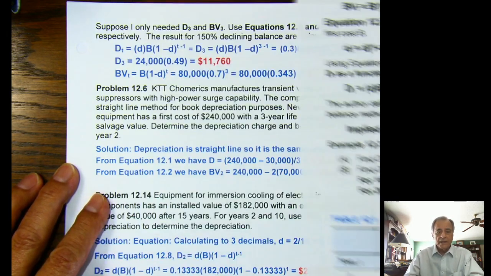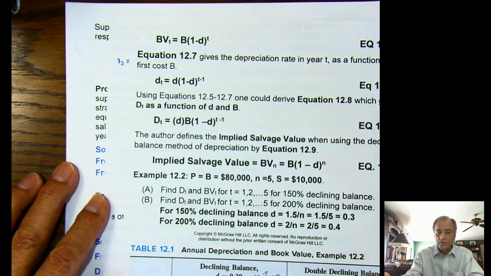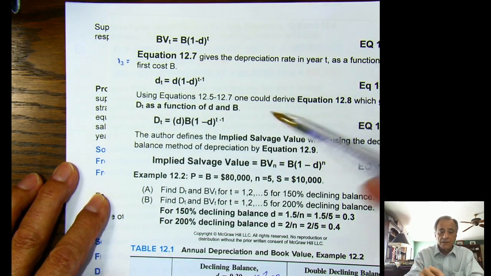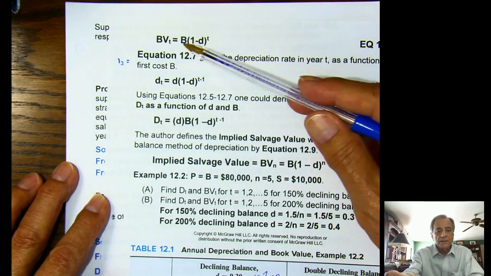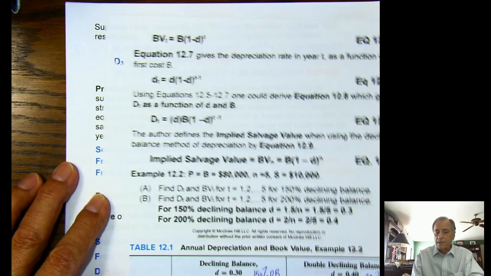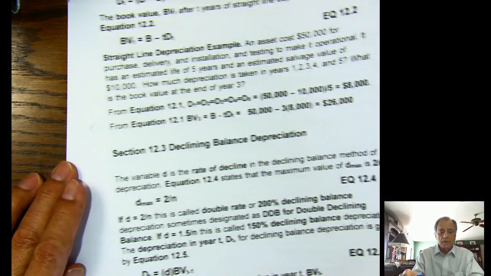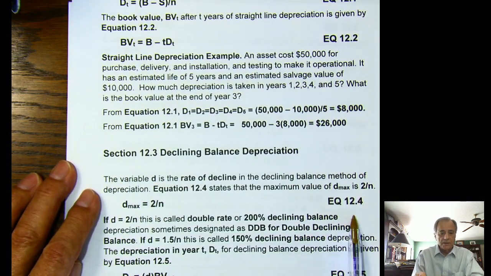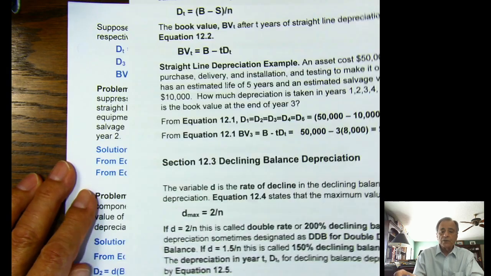But in this case, now we would want to use equation 12.8 to get the depreciation as a function of B and D, okay, and 12.6 to get the book value as a function of B and D. The earlier equations, equation 4 and equation 5, are a function of the previous book value, which I won't have if I only do 1 year.